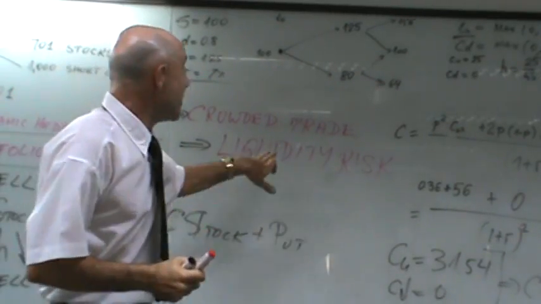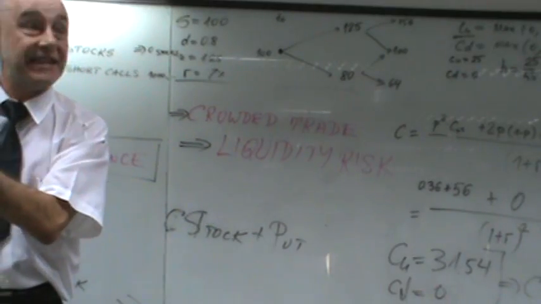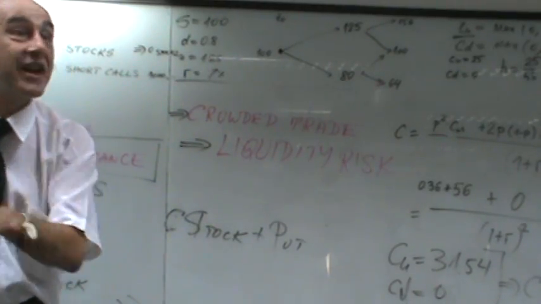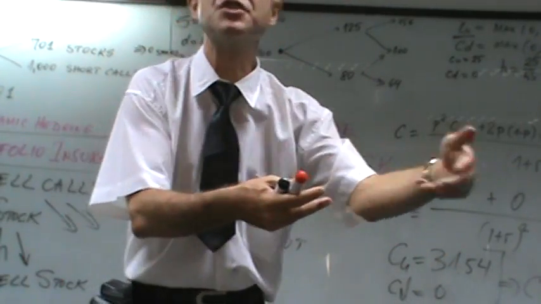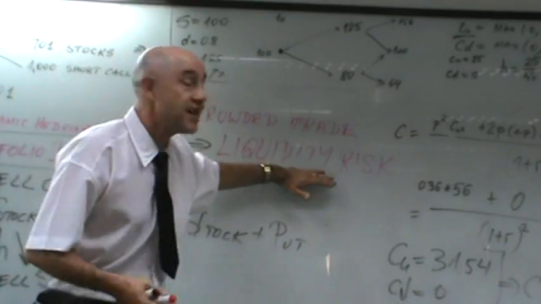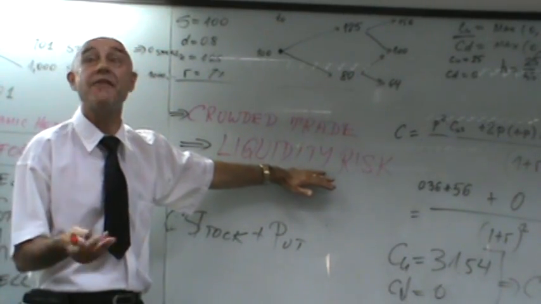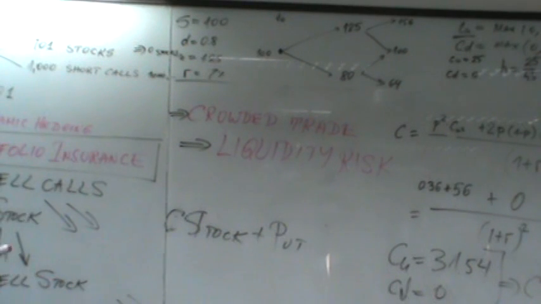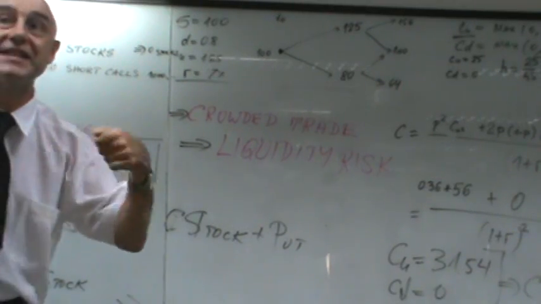When a trade is crowded, and everybody's on the side of buying puts, when everybody tries to sell, because it's crowded, there's nobody else to buy those puts. So suddenly, the puts become unsellable because everyone's trying to sell them. In this particular case, everyone's protecting, and the protection requires selling the stock.